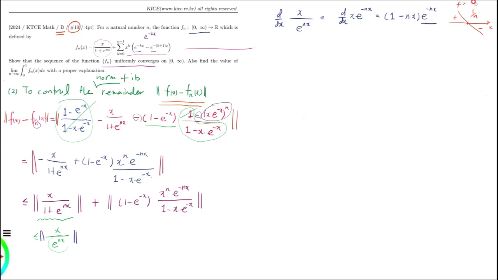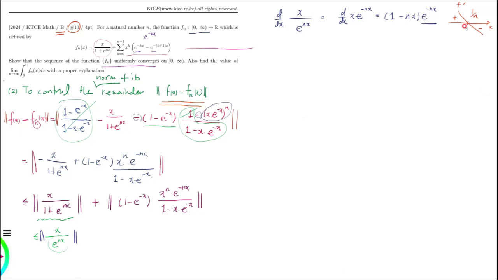Here its derivative function has the sign like this, okay? When x is bigger than 1 over n, the sign of its derivative becomes minus, okay?